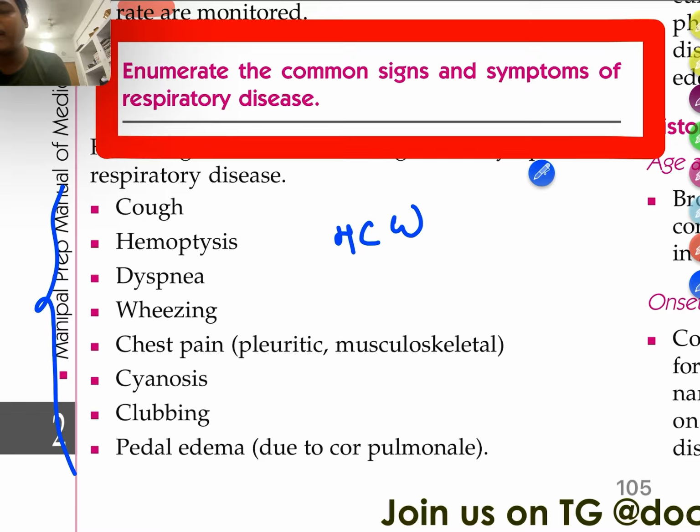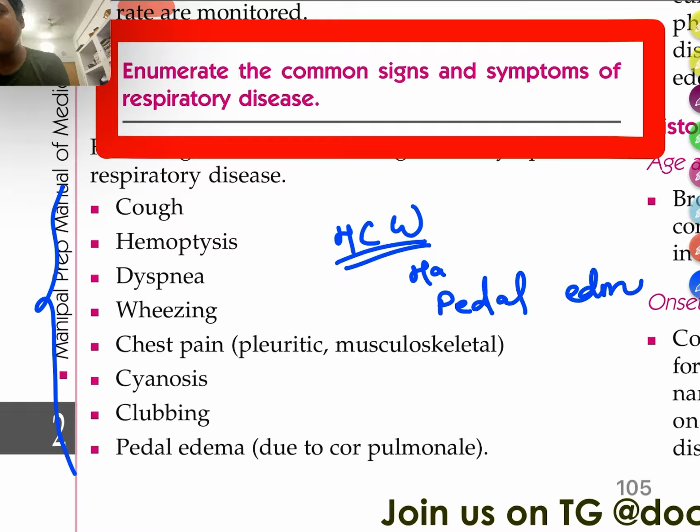We will memorize it by this. What is H? H is for hemoptysis. C has 4: first is cough, second is chest pain, next is cyanosis as well as clubbing. So cyanosis, clubbing, cough and chest pain.